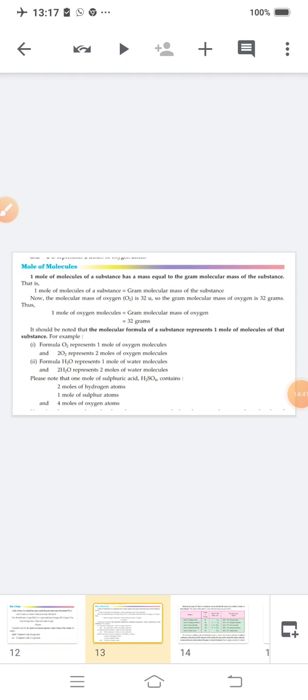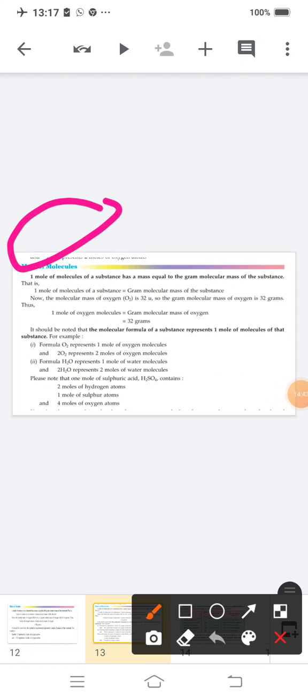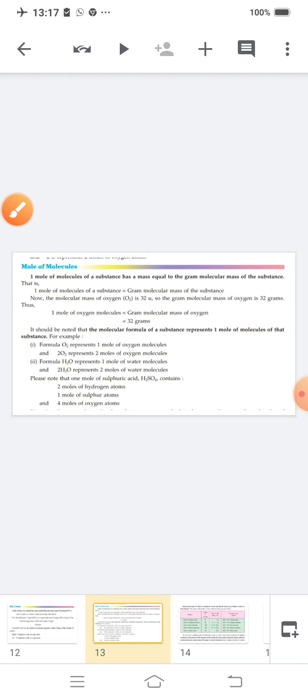Now, mole of molecules. 1 mole of molecules of a substance is equal to the gram molecular mass of the substance.